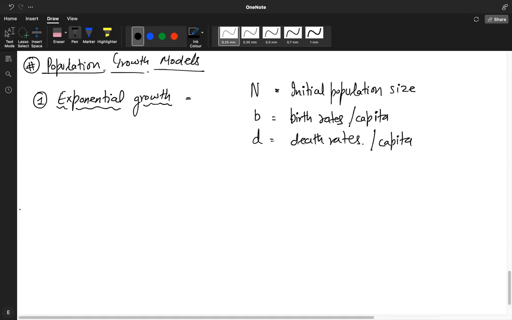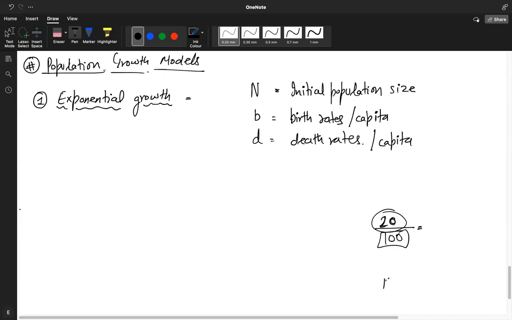If I say the birth rate is 20 per capita, it means 20 individuals per 100 individuals will be added in the next generation in that population, or in the next time frame, in the next year.